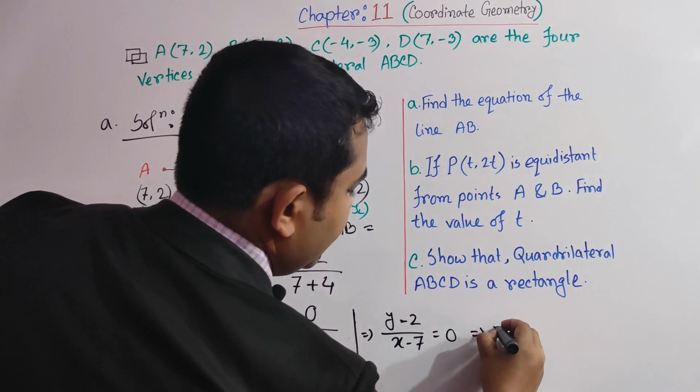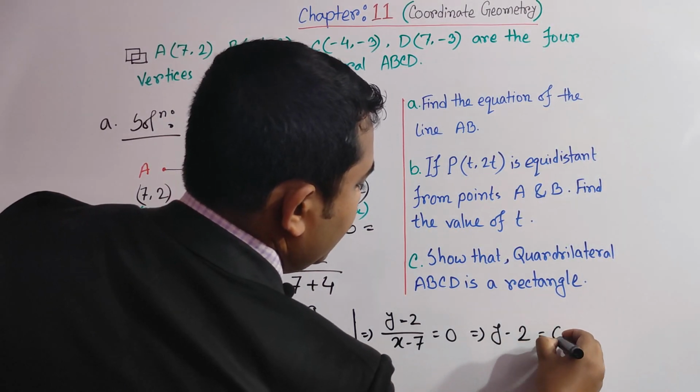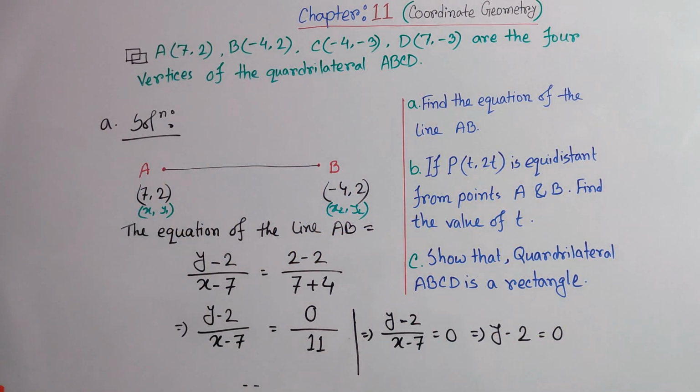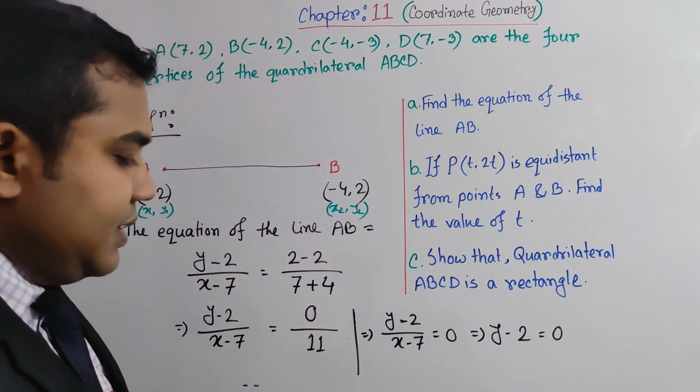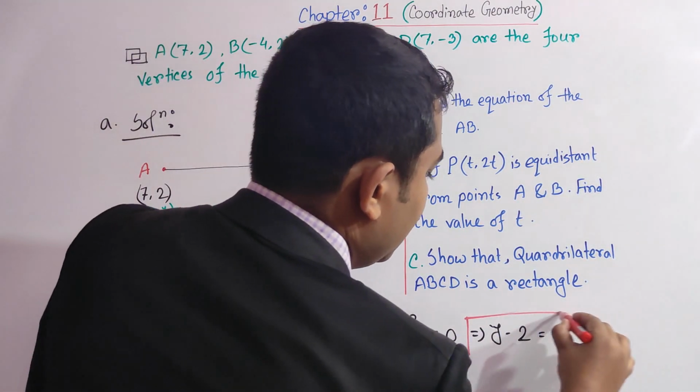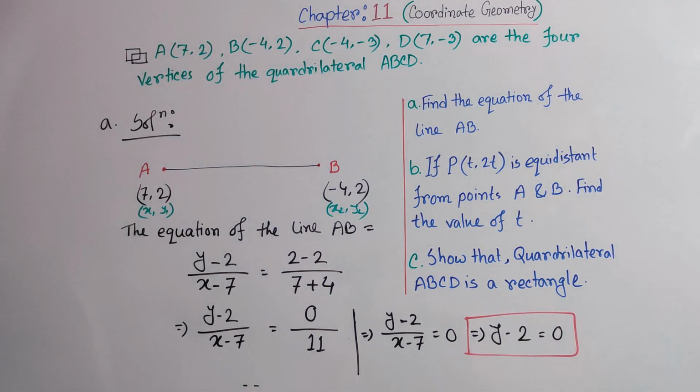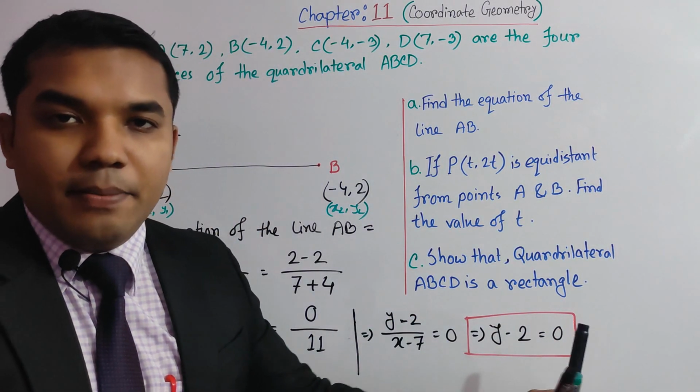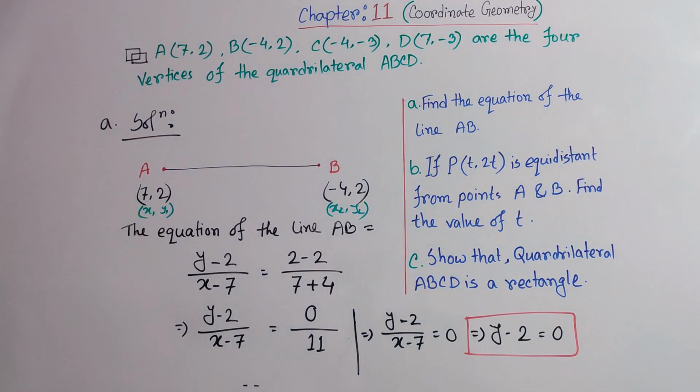Finally, with cross multiplication, we get y minus 2 equals 0. This is our required equation of AB. So the equation of AB will be y minus 2 equal to 0. That is how we can solve question number A.